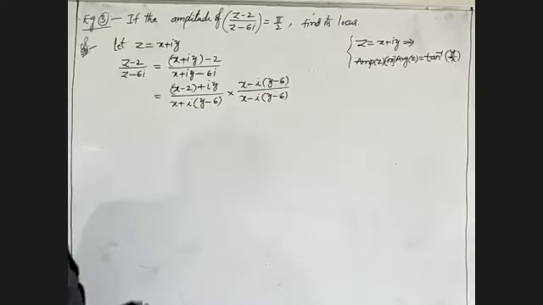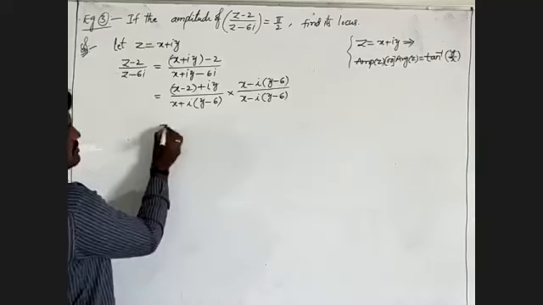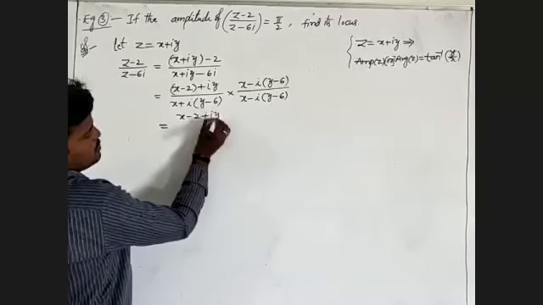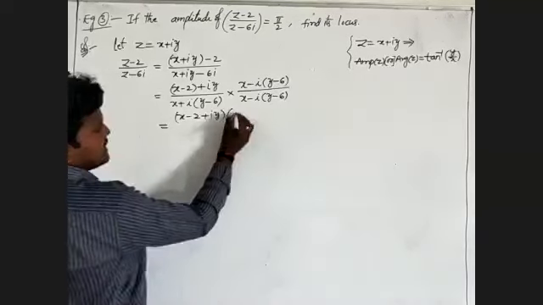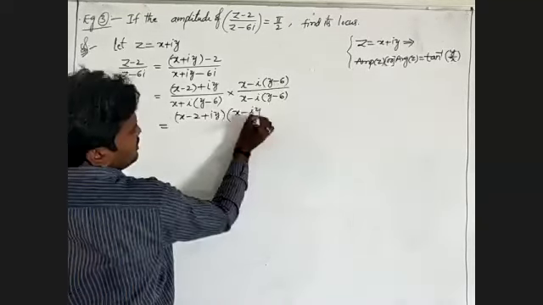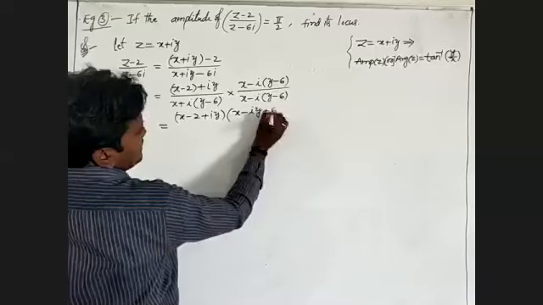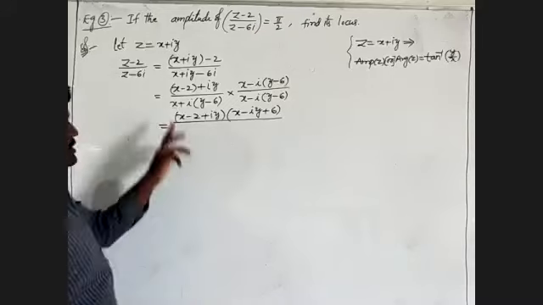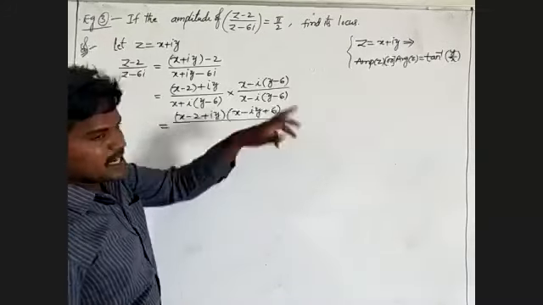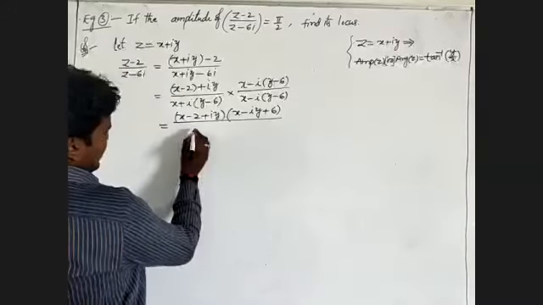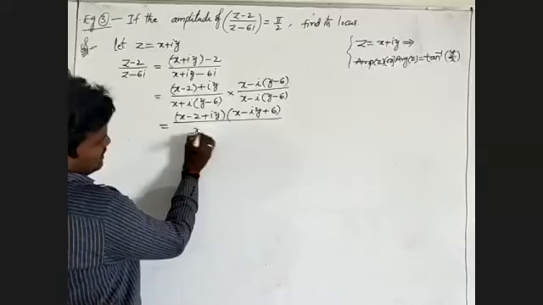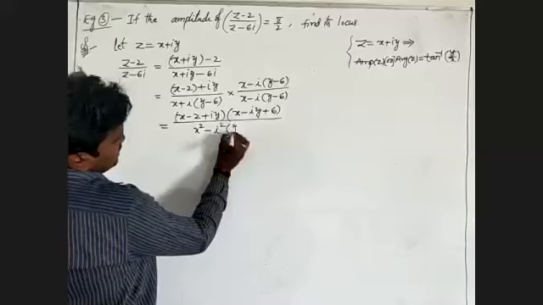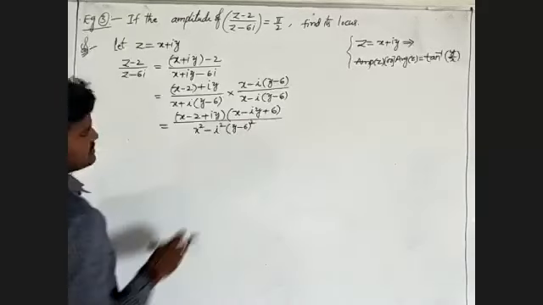The numerator is (x minus 2 plus iy) into (x minus iy plus 6i). The denominator is of the form (a plus b)(a minus b), which is a square minus b square: x square minus i square into (y minus 6) whole square.